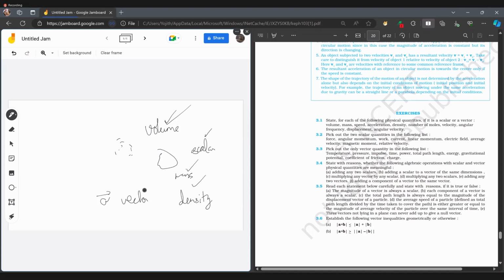And the number of moles is a scalar quantity. Velocity is a vector. Angular frequency, displacement, angular velocity, any kind of velocity is a vector. So it's a vector. Okay, angular frequency.